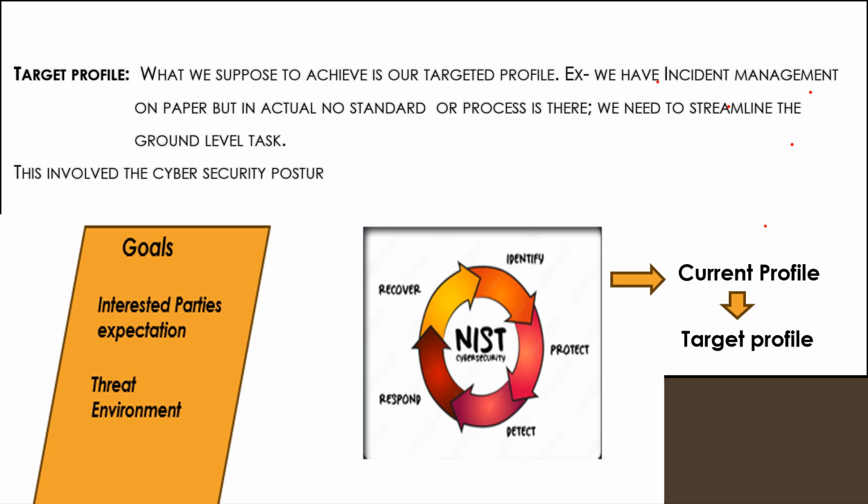This involves cybersecurity postures, new requirements, new environment adoption, etc. So target means, depending on the risk and the gaps from assessment, we need to have a future control, which is called the target profile.